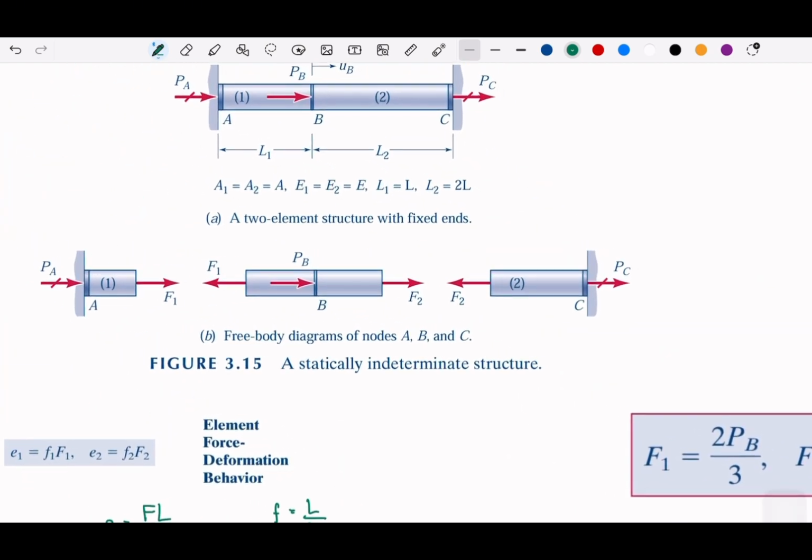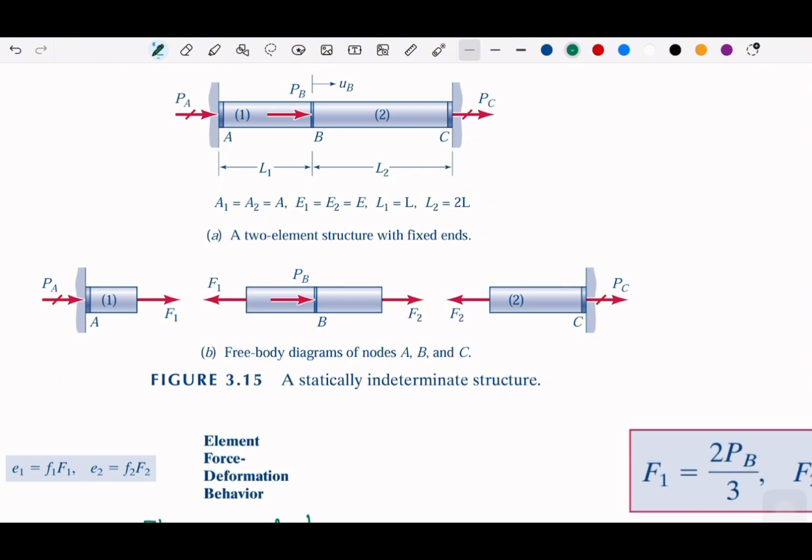According to all the equilibrium we can find, let me rewrite here so that we can connect this to the first equilibrium, which stated that PA is negative F1 from this picture, and PC is equal to F2.